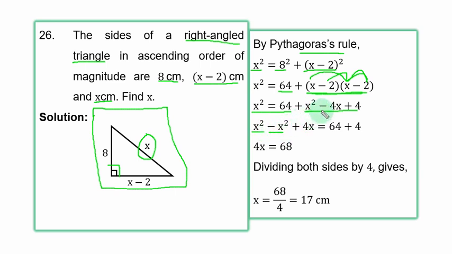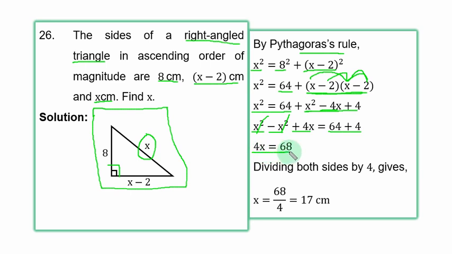If you transfer minus 4s, it becomes plus 4s, and we have 64 and 4 on the right hand side, so no need to transfer them. So clearly s squared minus s squared is 0. You are left with 4s equal to 64 plus 4, that is 4s equal to 68.